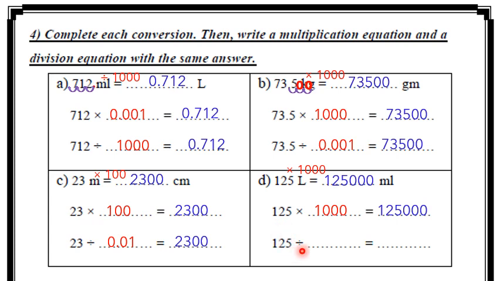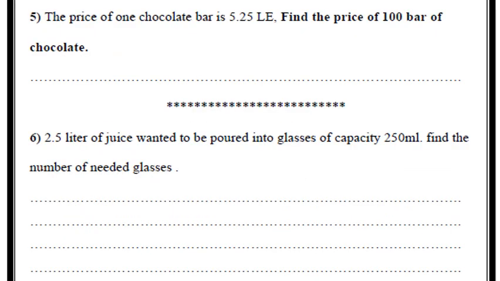So I'm gonna use the crazy decimal. That's also the same answer. So multiply by 1000 means divided by 0.001, and it will give me the same answer, 125,000.